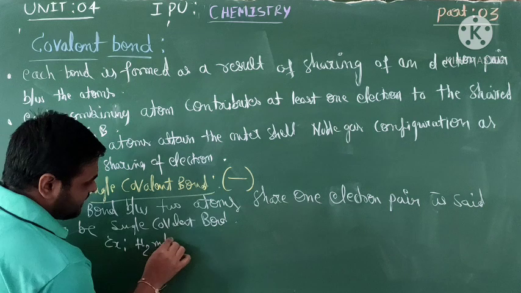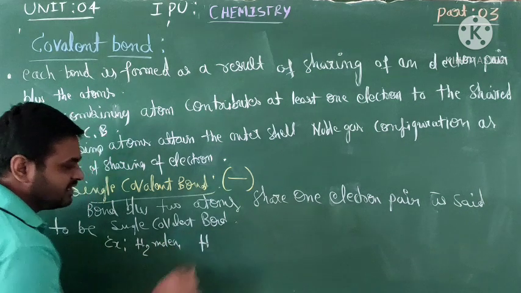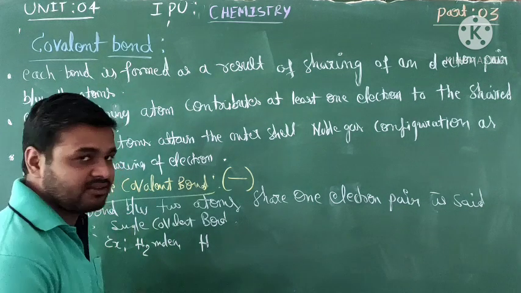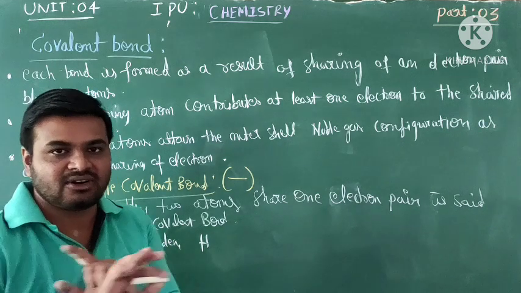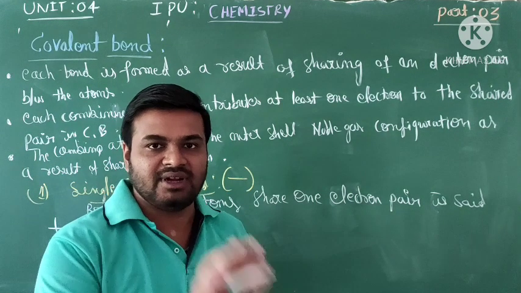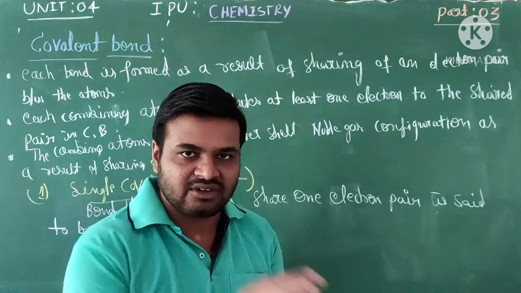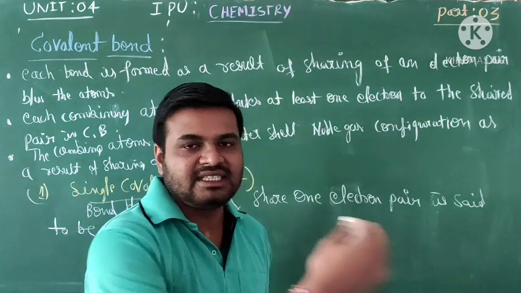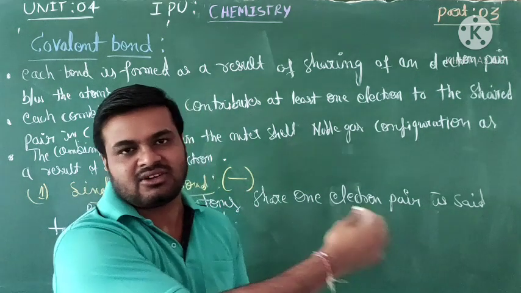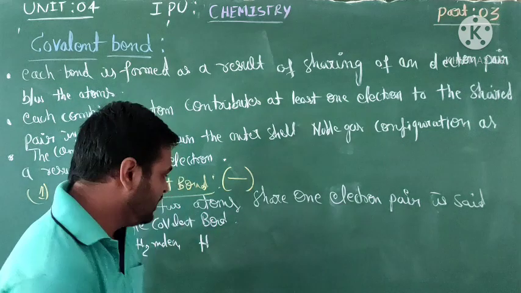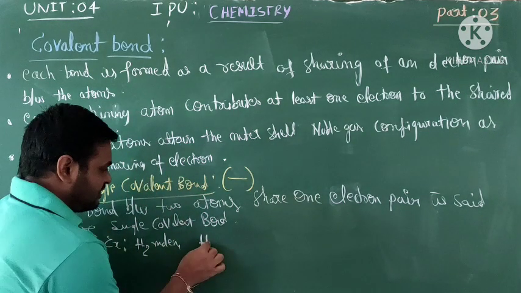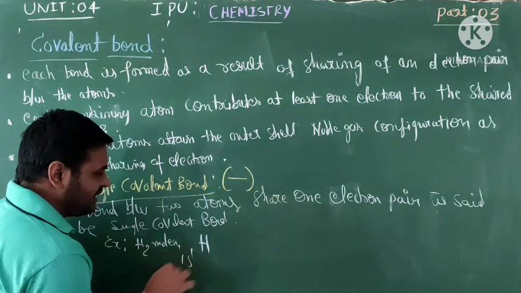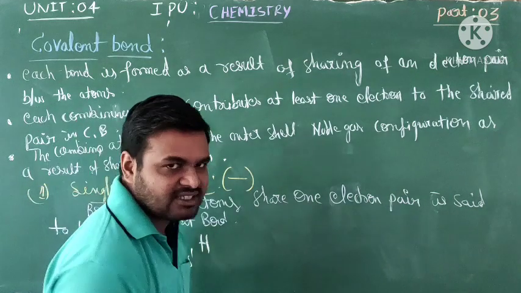Take the hydrogen molecule. Hydrogen has only one valence electron. You consider only the valence electrons, not the atomic number, because only the valence electrons contribute to the bond, not the inner shell electrons. Hydrogen has only one electron; its valence electron is one, and its atomic number is also one.